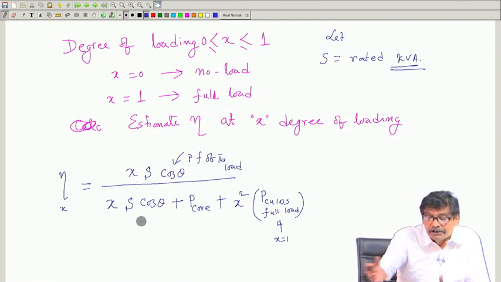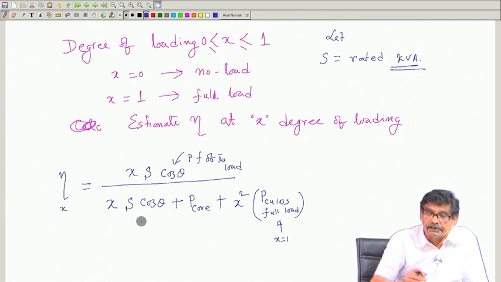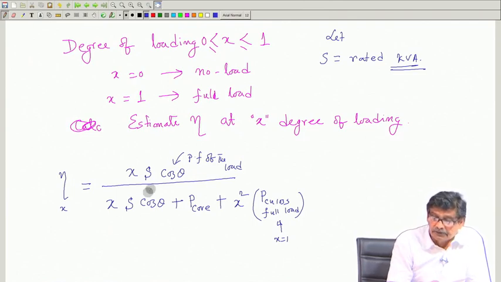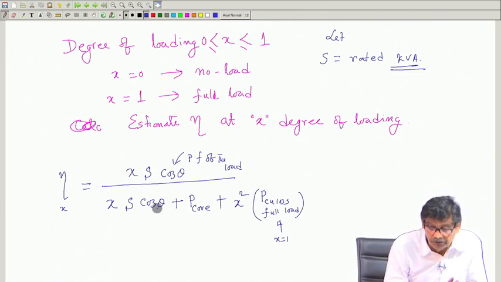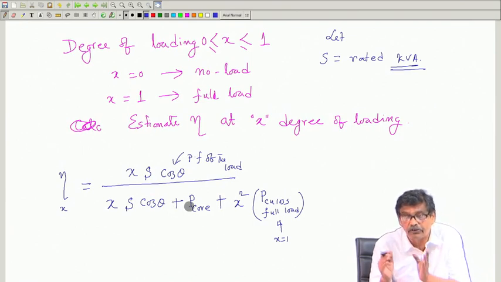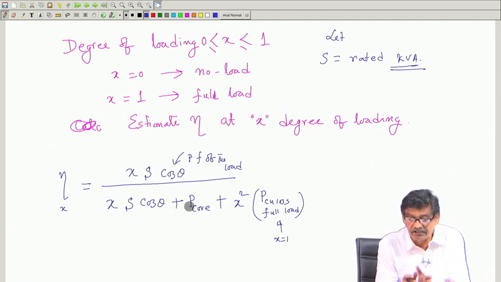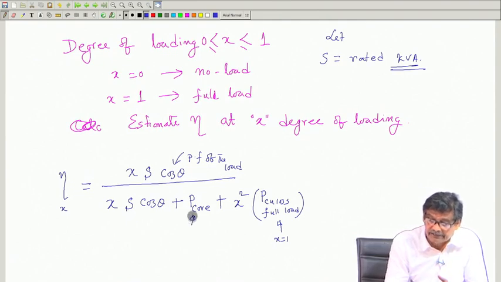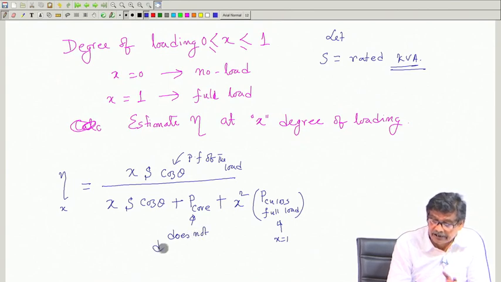So, output kilowatt is how much? The rated kVA it is delivering, at a power factor of cos theta, into cos theta. Output divided by output plus loss: the loss has two parts. One is the fixed loss P core; it does not depend on x.